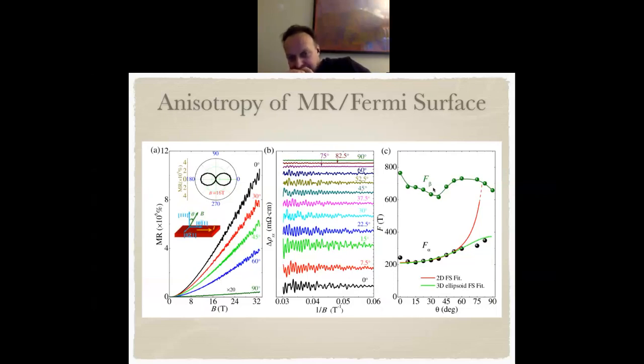The beta band, they basically said it was just a complex contour and anisotropic. And for this alpha band, they tried two different fits: a 2D Fermi surface fit, which fit the lower angles but then kind of diverges, and this 3D ellipsoidal Fermi surface fit, which they agreed produced a satisfactory fit, which also agrees with their ab initio calculations, which I'll go over.